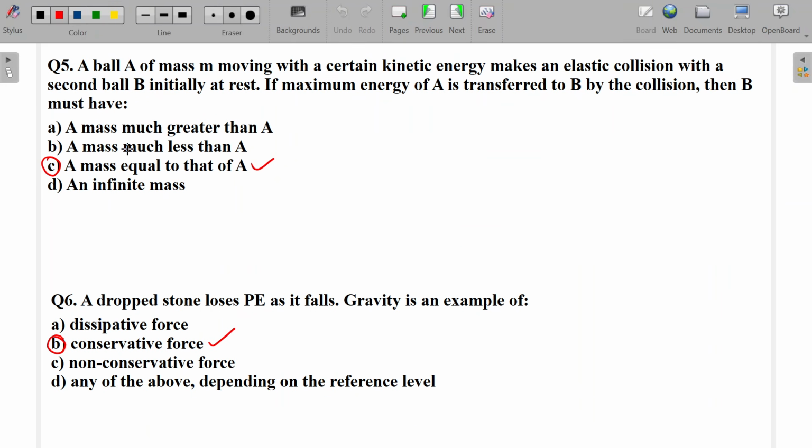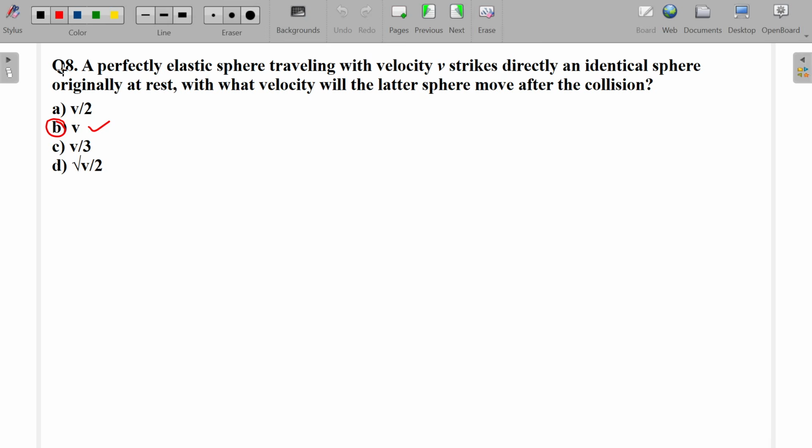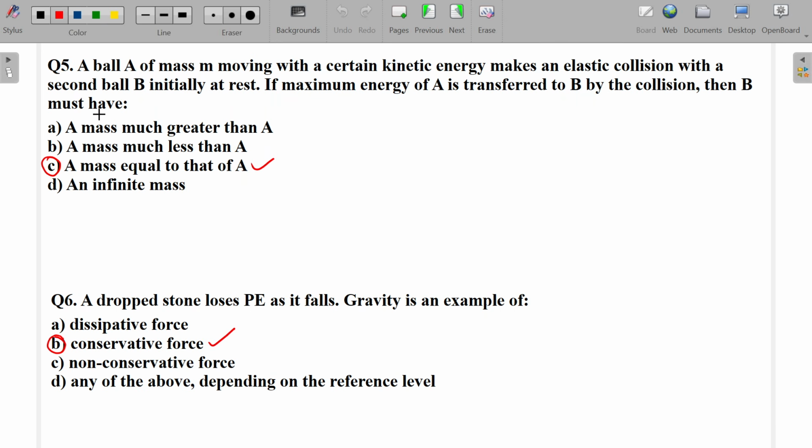There's a question we answered earlier. Yes, 5. If you check 5, it says that for A to transfer all its energy to B, B must have the same mass.